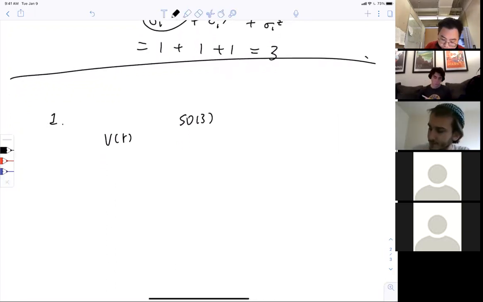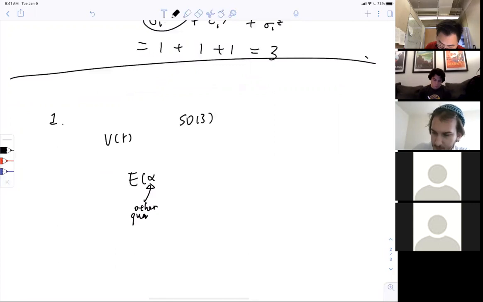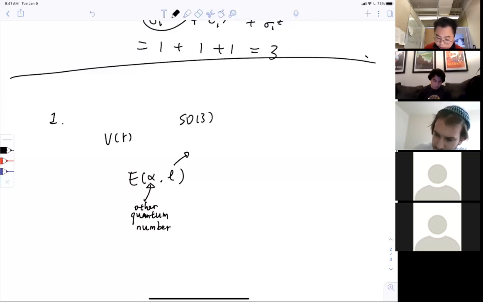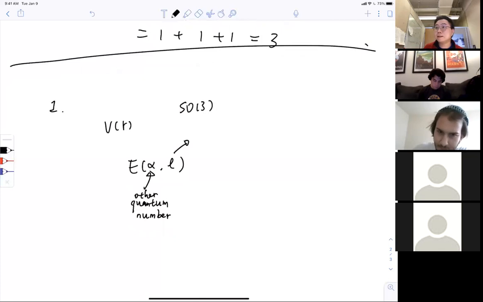In this case, we would expect the energy to depend on alpha, some other quantum number, and also L, the quantum number corresponding to this rotational invariance. And the degeneracy usually is given by 2L plus 1, right?